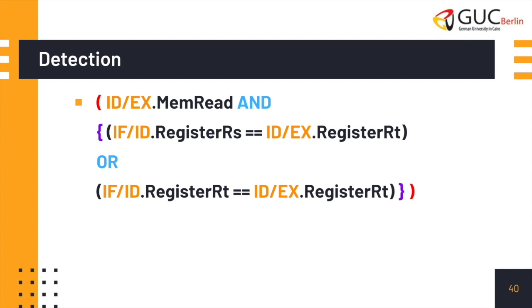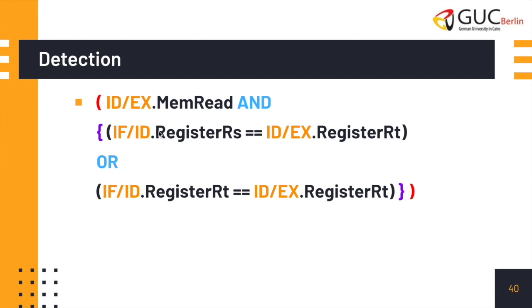I am reading from the data memory, and I will have a bracket opening and closing, and I will compare: is RS of if/id equal to RT of id/ex, or the RT of if/id equal to the RT of id/ex. So is the second instruction's first operand equal to the target of the first instruction, or the second instruction's second operand, the RT, equal to the target of the first instruction.